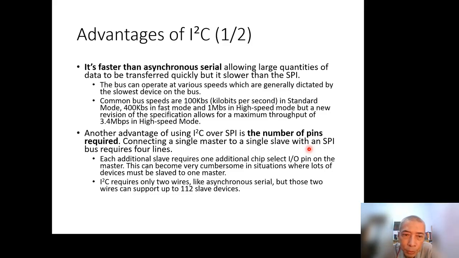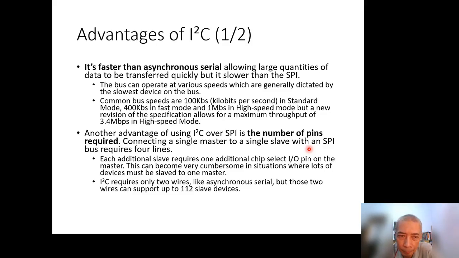You can use the feature of 3.4 megabits per second, but the fastest communication is according to the slowest device on the bus. If you have 3.4 megabits per second, but your device is only 1 megabit per second, then the maximum communication is only up to 1 megabit per second, not 3.4.